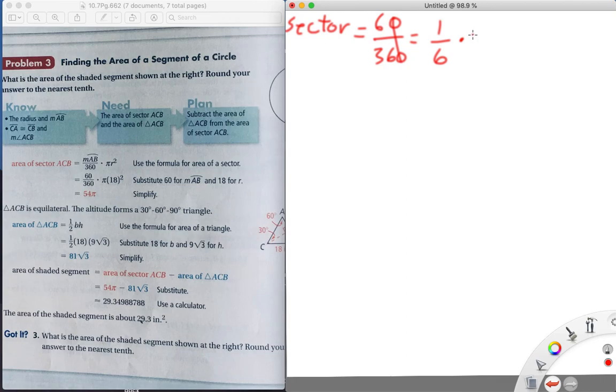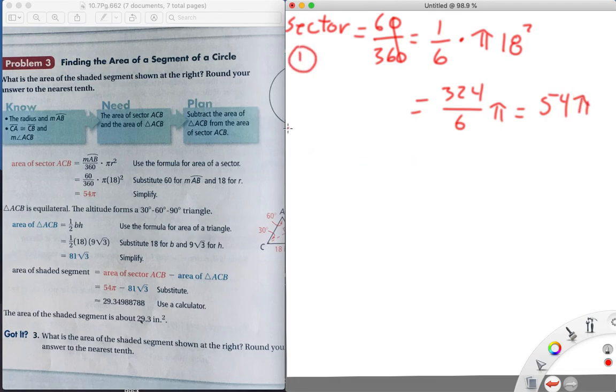So times pi 18 squared. So 18 squared is 324. So that's going to equal 324 over 6 times pi. And that's going to give me 54 pi. That's step number 1. We found our sector.